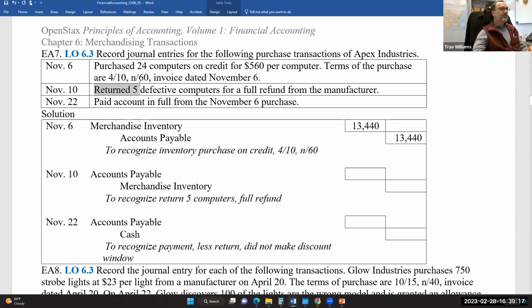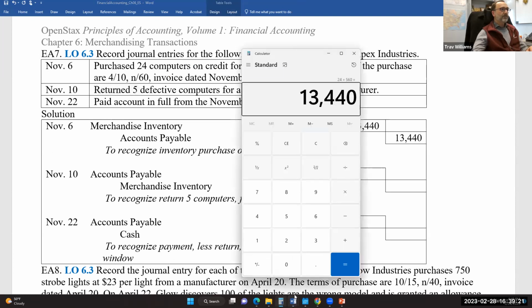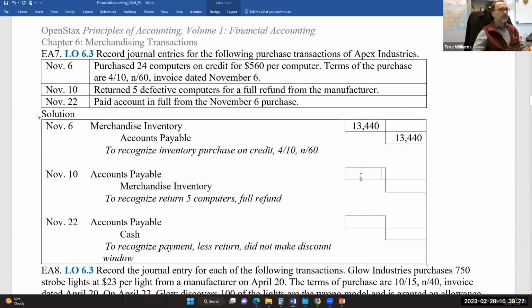Then we returned 5 of them, okay? So 5 computers times $560 each is $2,800. So our accounts payable now has gone down, right? When we made the purchase, our accounts payable went up, and now that we've made a return, it goes down.